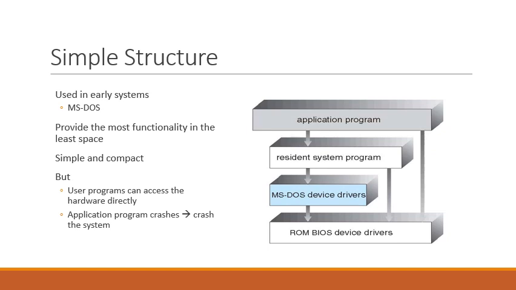Many early operating systems don't have a well-defined structure. These operating systems started as simple and small projects, but later became commercial successes. MS-DOS is an example of such an operating system. It was written for the Intel 8088 microprocessor and was limited in functionality due to the hardware capabilities.